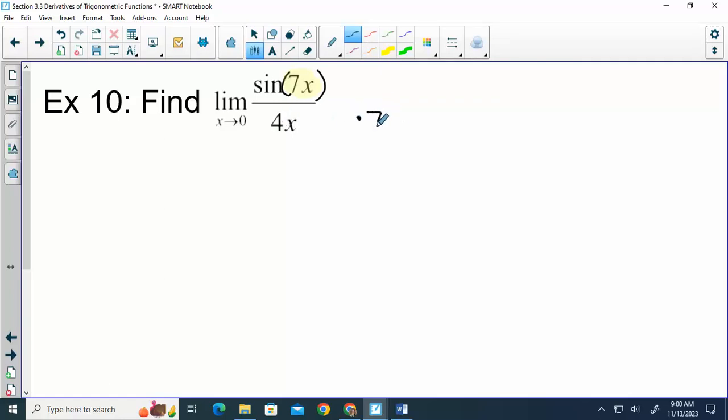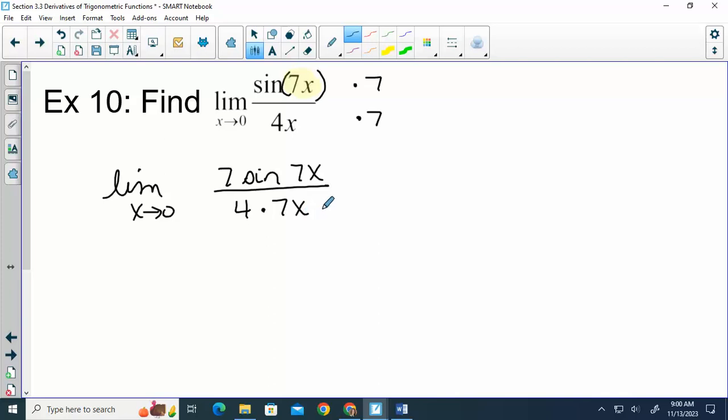What we can do, we know it's legal if we multiply by the same thing on top and bottom. On the denominator, I'm going to write this as 4 times 7x. You guys agree those are equivalent?